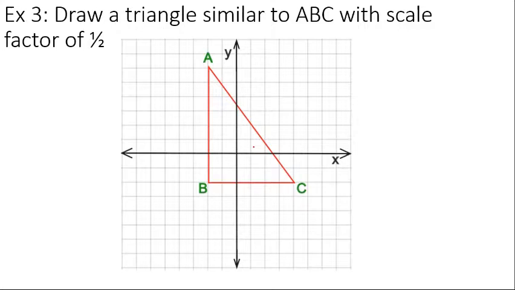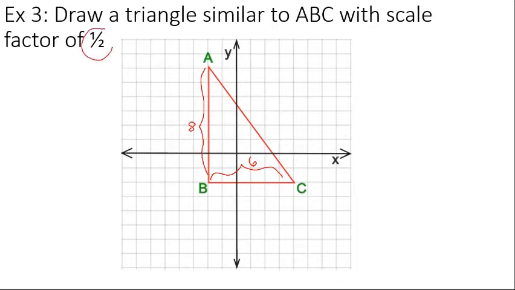Okay, example 3 says draw a triangle similar to ABC with scale factor of 1/2. So what we do first is we look at the sides here. We know this side right here has a length of 6, and this side right here has a length of 8.